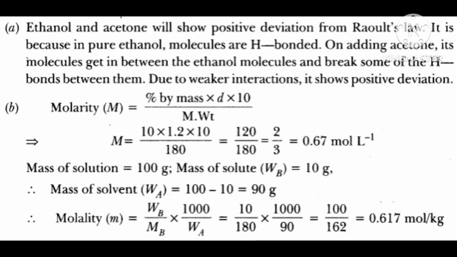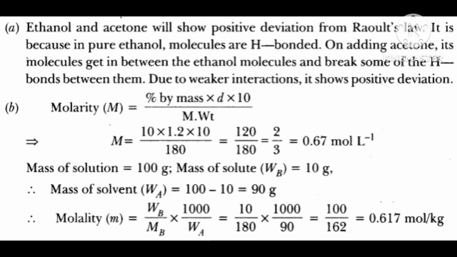Here again you have to calculate the molecular mass. For CH2Cl2, now only 2 chlorines are there and 2 hydrogens. Easily you can calculate: 12 into 1 plus 1 into 2, because 2 hydrogens are there, plus 35.5 into 2. If you solve it, it will come 85 gram. 85 gram means 85 gram is equal to 1 mole.